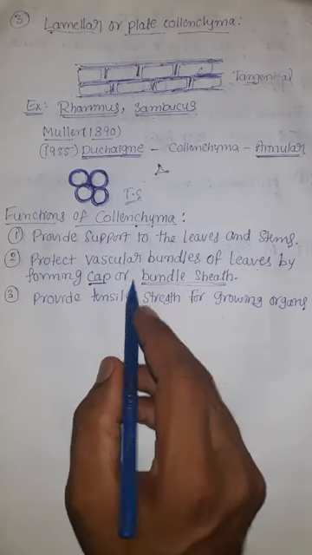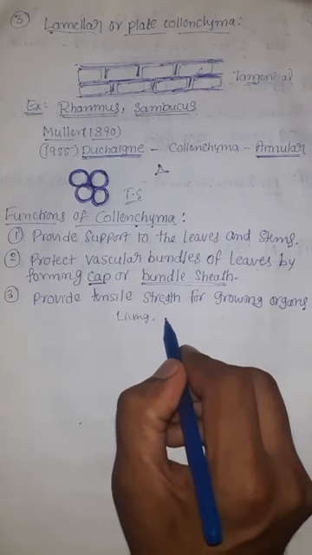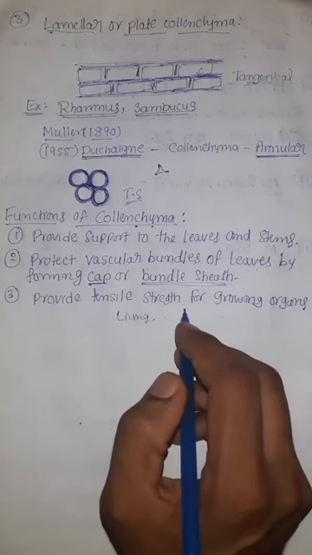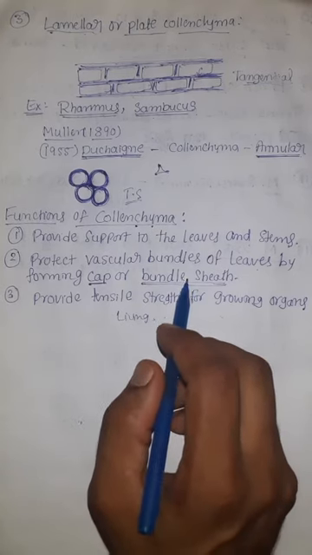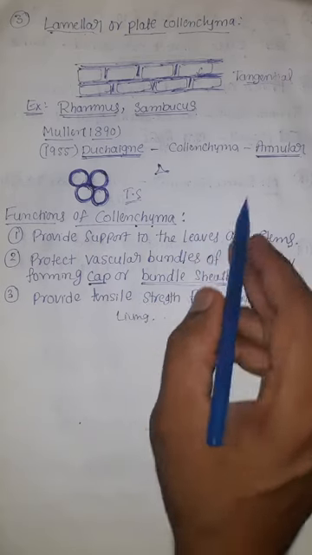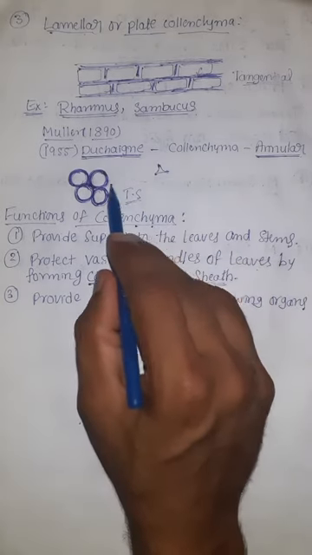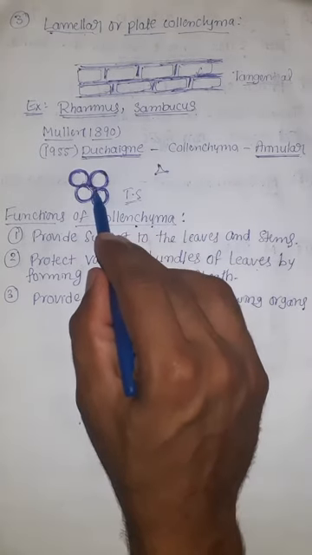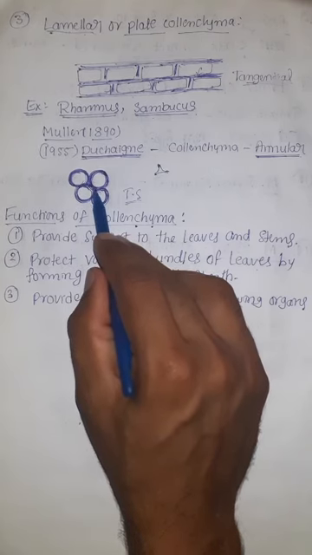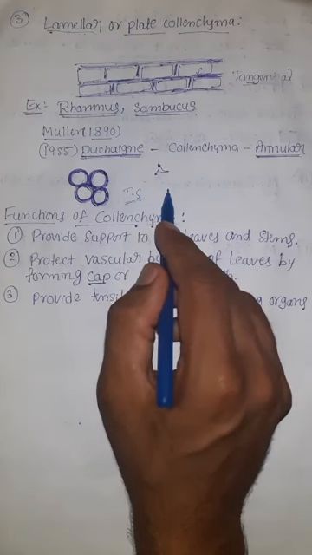It is a living tissue which also acts as a mechanical tissue. The only difference between collenchyma and parenchyma is that in parenchyma we can see intercellular spaces, but here the intercellular spaces are filled by a wall material, that is pectic material. Remaining all are more or less similar.